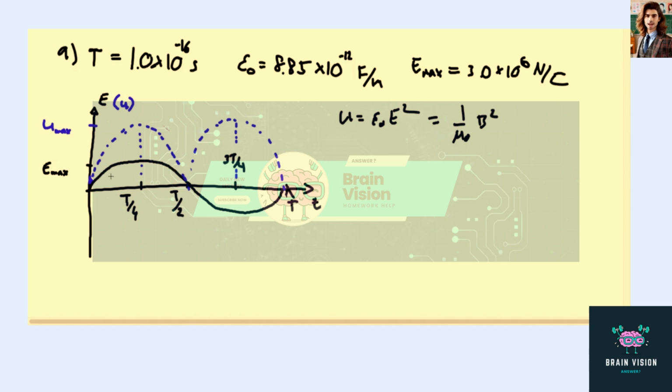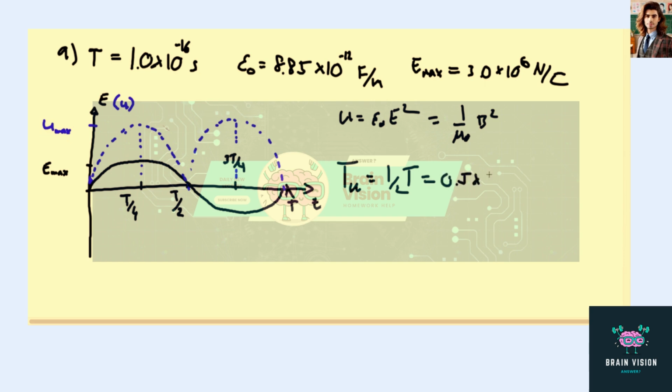It peaks at a quarter of the period, then goes to zero, then peaks again at 3 quarters of the period and goes to zero again at T. So this blue dashed line is oscillating twice as fast as the black curve, and the period of the energy density is going to be half the period of the field itself.